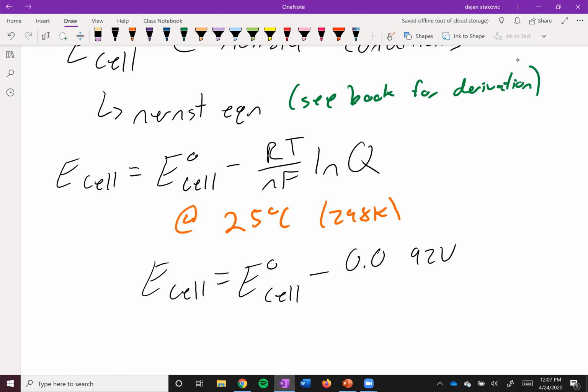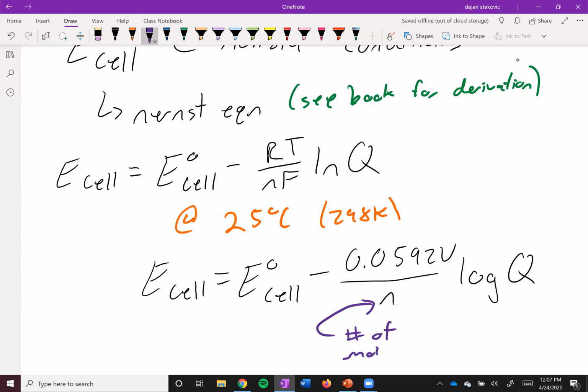So basically just combining all of these constants into a number over N, which is your number of moles, times the log of Q. So just pay attention to these two equations. Remember, N here is number of moles, and then Q here is your reaction quotient.